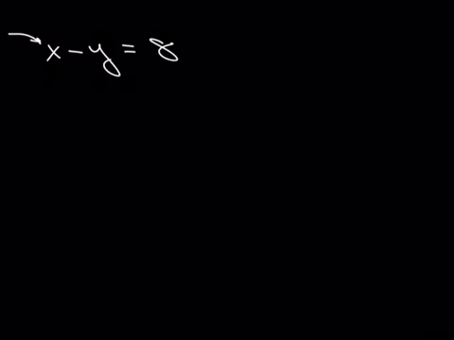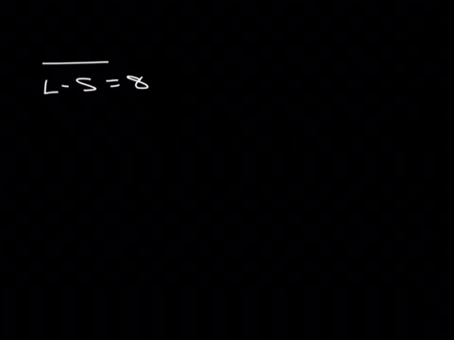Sometimes people will write it as L minus S, meaning larger minus the smaller equals 8, just to make sure we don't confuse which number is which. What else does it say?